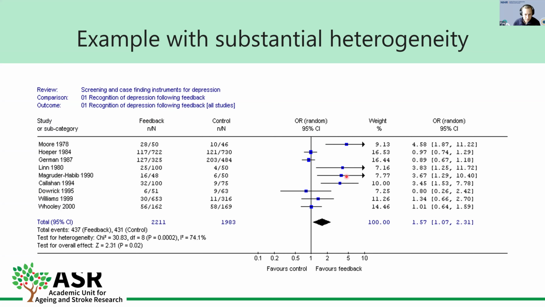A number of the point estimates also, if we look in relation to the pooled estimate, many of the point estimates sit outside of the pooled estimate confidence intervals, and even the confidence intervals of the individual estimates are kind of not overlapping the center. So we would certainly have serious concerns, and we might have very serious concerns here.